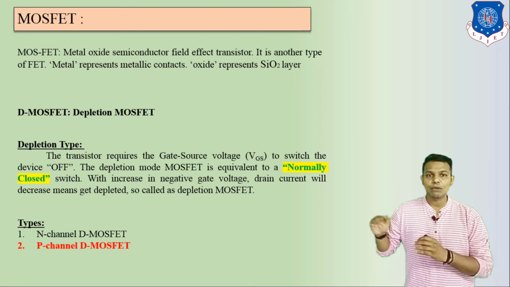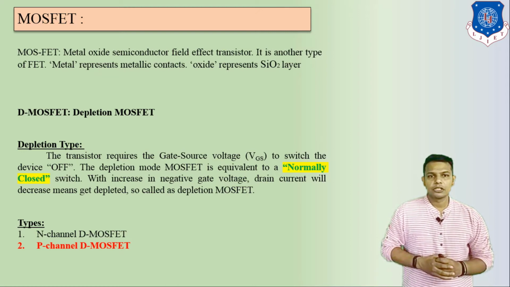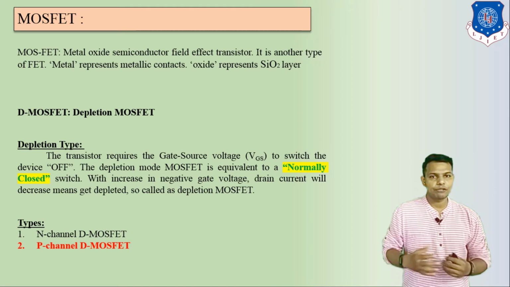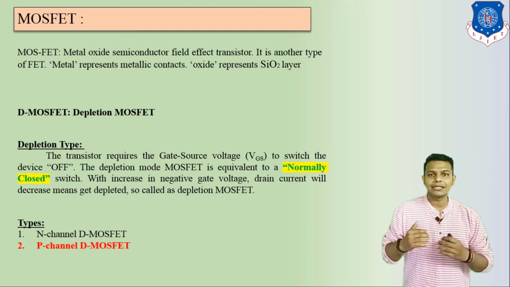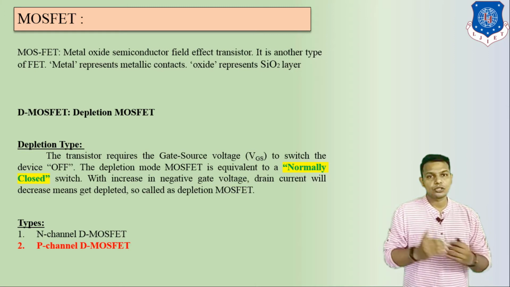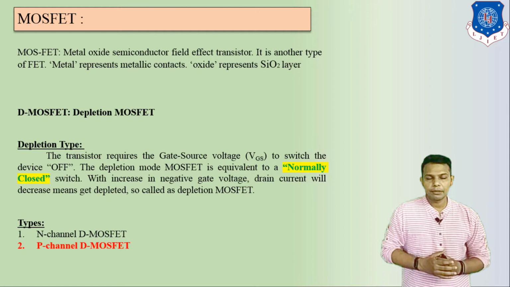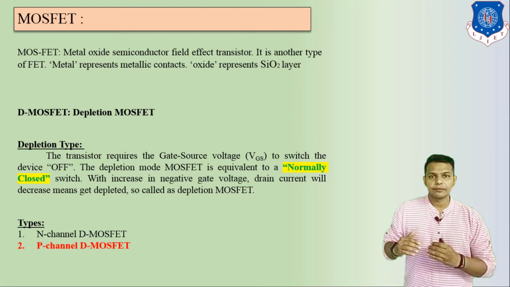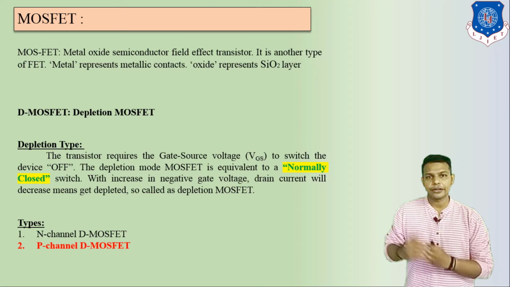So what is D MOSFET, depletion MOSFET? The transistor requires gate to source voltage, that means VGS, to switch the device off. The depletion mode MOSFET is equivalent to a normally closed switch, because due to this depletion region an electric field is generated.